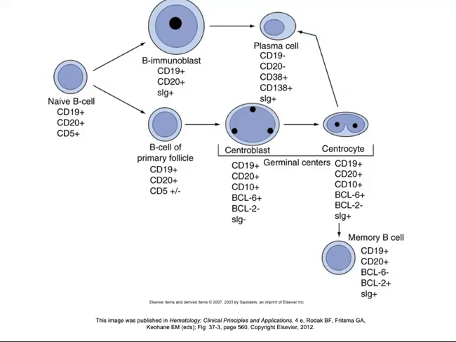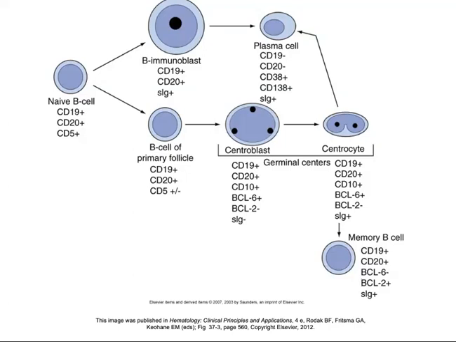And keep in mind that the cell has different markers, right? Throughout the lifespan of the cell, it will have certain markers and then it'll lose some markers. Like CD34, remember CD34 is a very immature stem cell marker. If the cell is a little bit more differentiated, it's not going to have CD34 anymore.